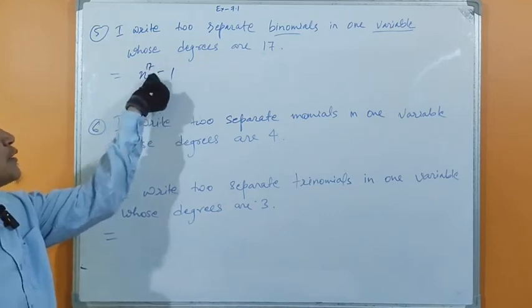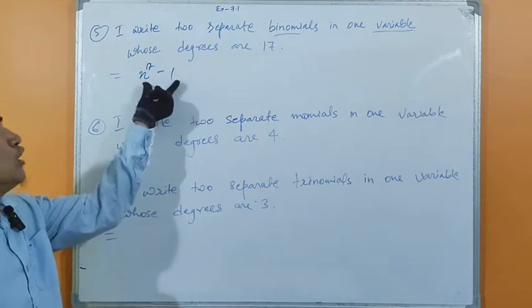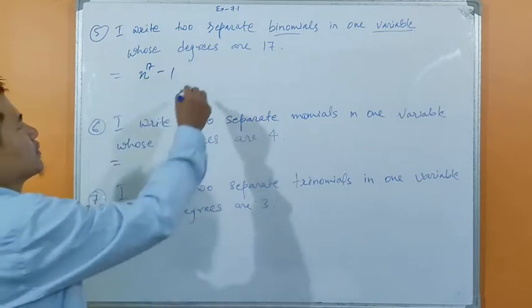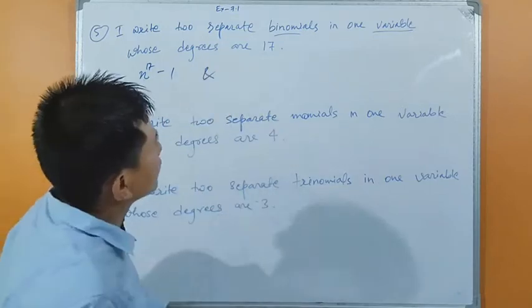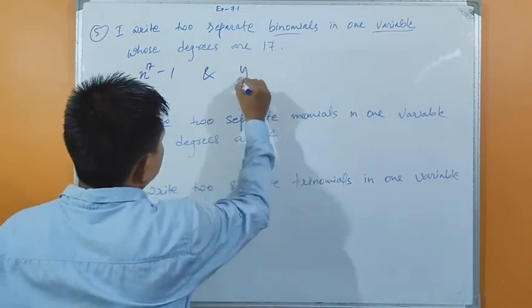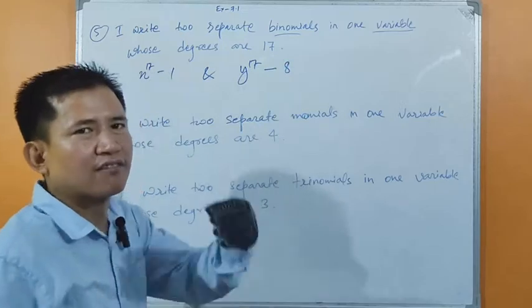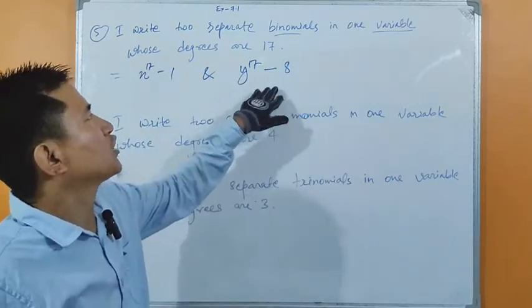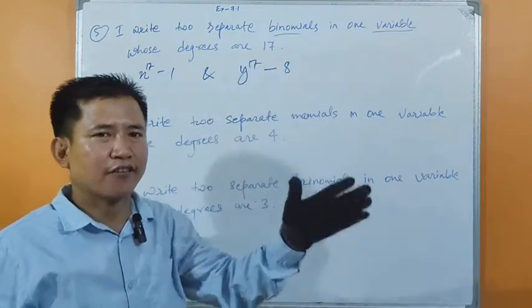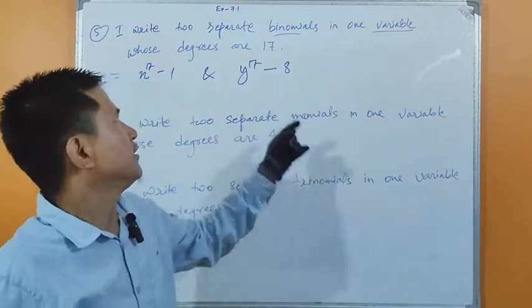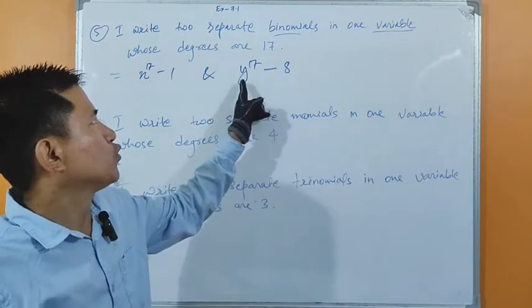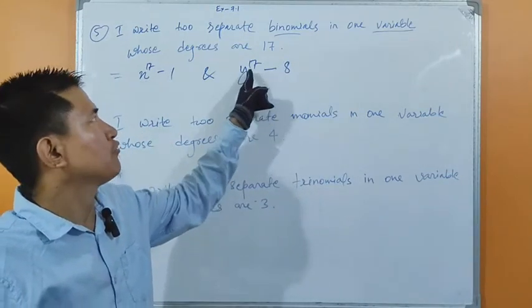One is this, separated by a minus sign, another is 1. So this is a binomial. And another you can write y to the power 17 minus any number, okay, 8. You can write any number. We are asked to write binomials having degree 17. Here the variable is y and the highest power of y is 17.